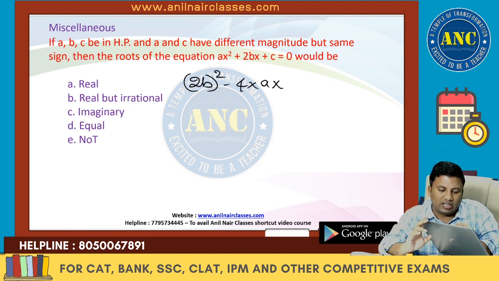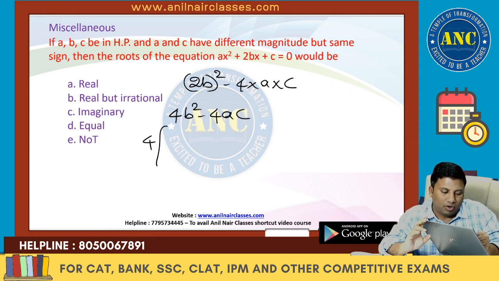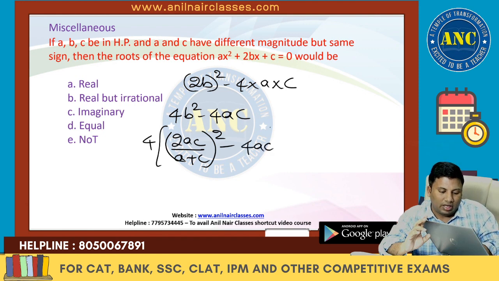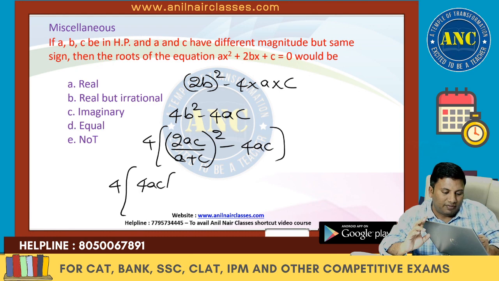One sign change, the entire answer will change, sir. 4b square minus 4ac, 4 into (2ac by a plus c) whole square minus 4ac. These 2 into 4ac, if I take common, 4ac by (a plus c) whole square minus 1.